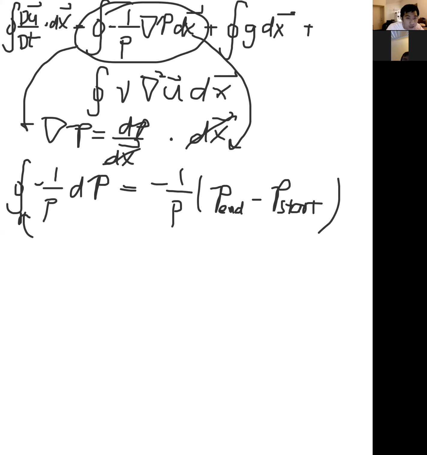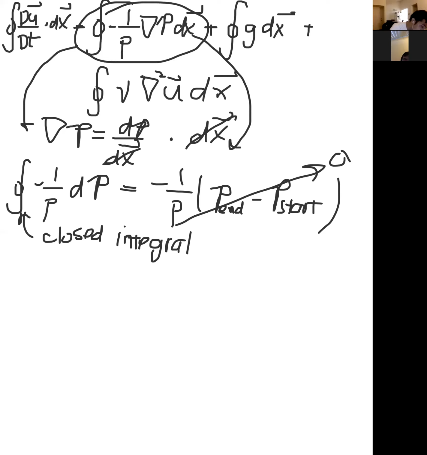But since we're starting and ending at the same place, p end and p start are the same thing, so that's just going to be 0. So this entire first integral is going to be 0.